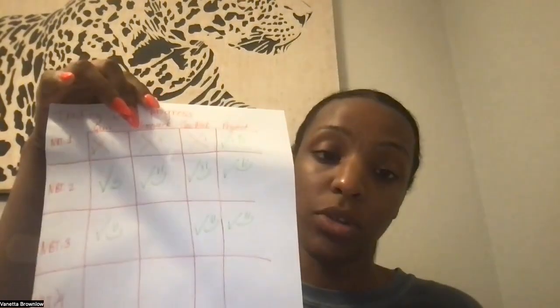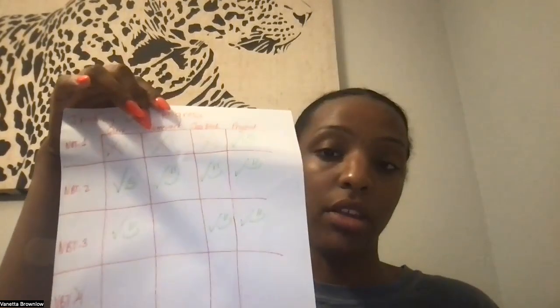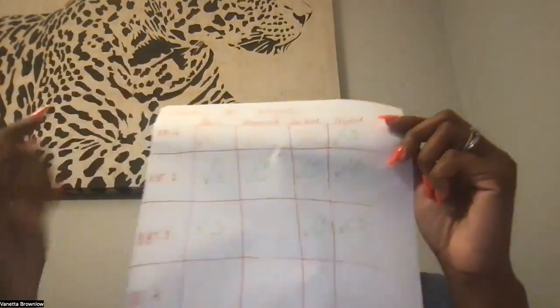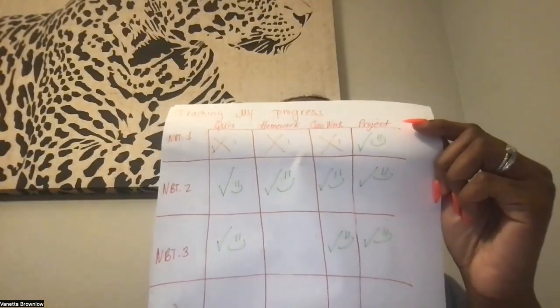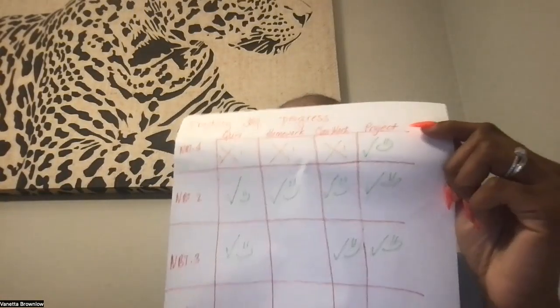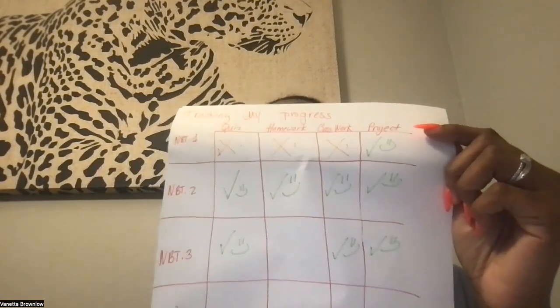During my intervention period or tutorial block, that student can come and receive the additional information or additional time needed for that particular lesson. She did not master the quiz, the homework, or the classwork, but she did very good on the project. That can also mean that this student is very creative. She loves hands-on work. It gives you a sense about the student as well.